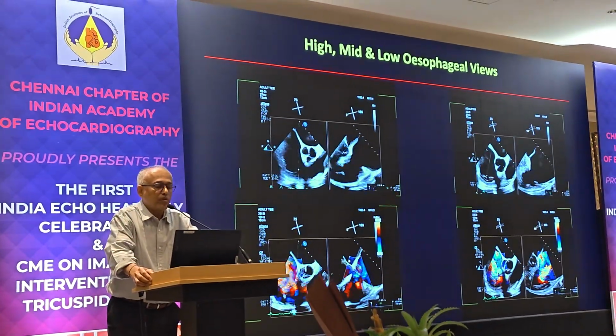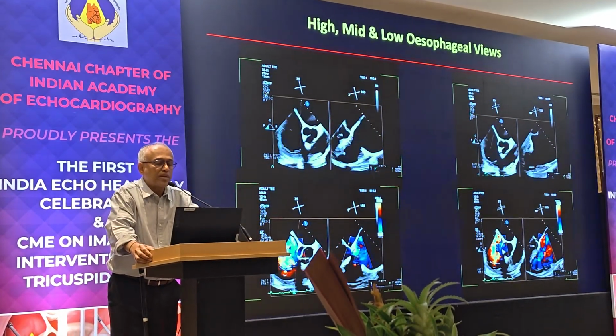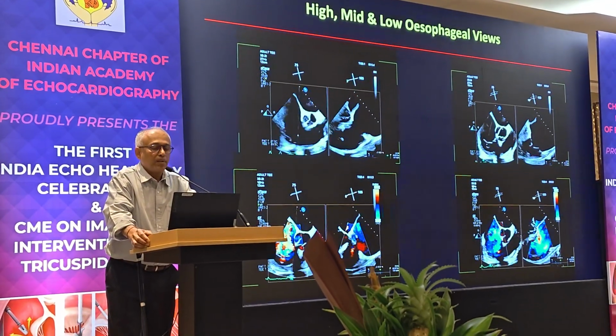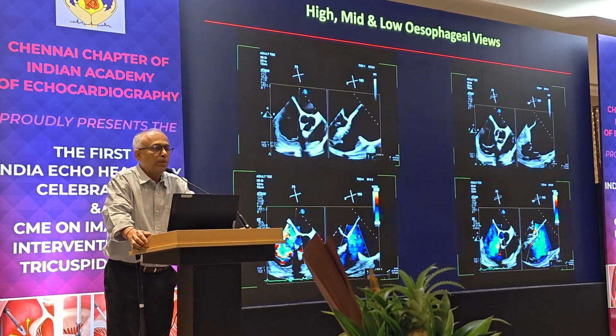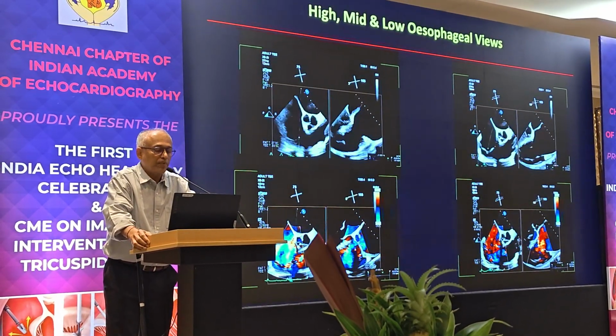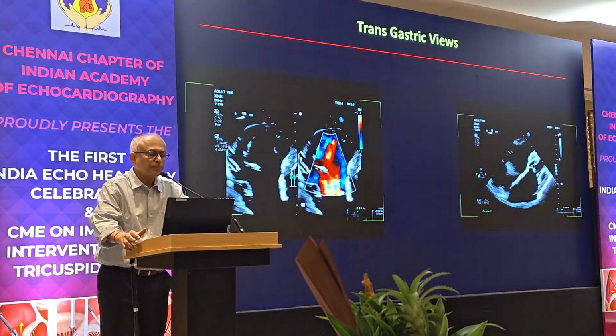Depending on where it is, either you're at the commissure or at the margins, and on the other side you can see that it's moved to the far side. So there you're looking at the posterior-septal commissure, and if you bring it towards the tip of the leaflet, that means you're at the margin of the leaflets. And here you investigate where the TR is coming from, swinging it back and forth.